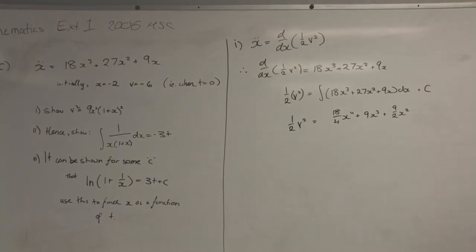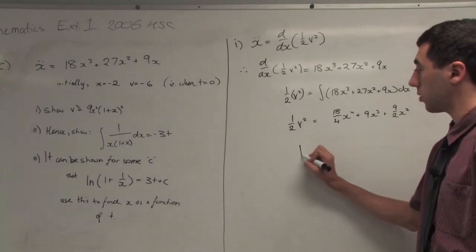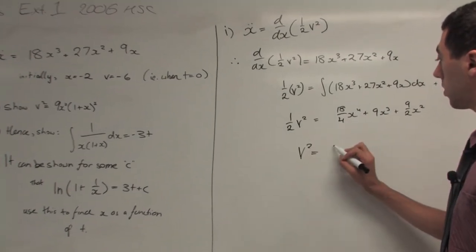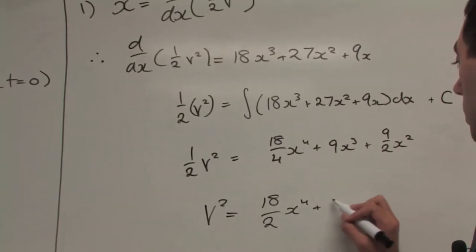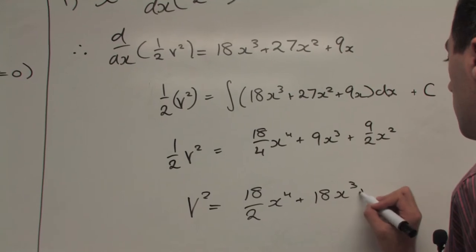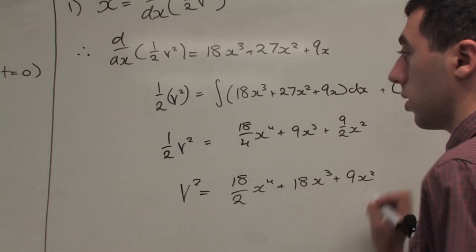And now we just have to factorize. Okay, so I'll multiply everything by 2 so we get plain old v squared out here. We'll have 18 over 2 x to the 4 plus 18x cubed plus 9x squared.